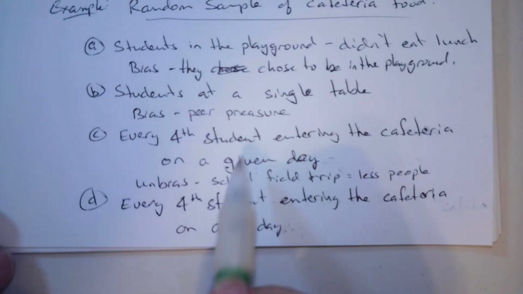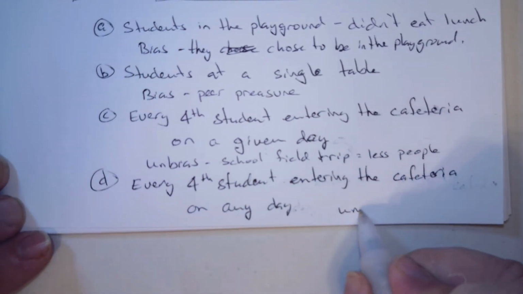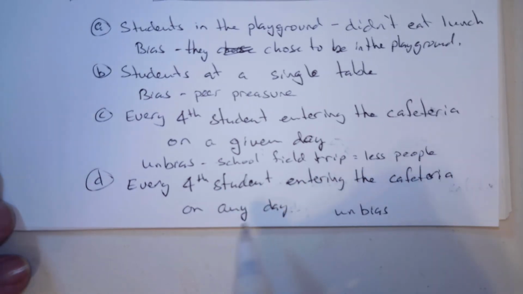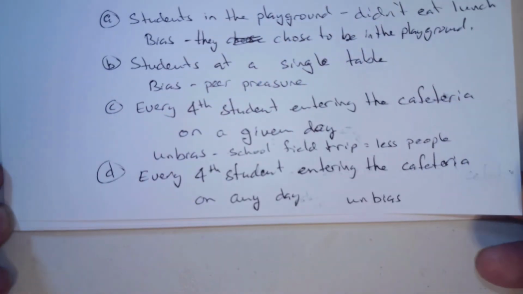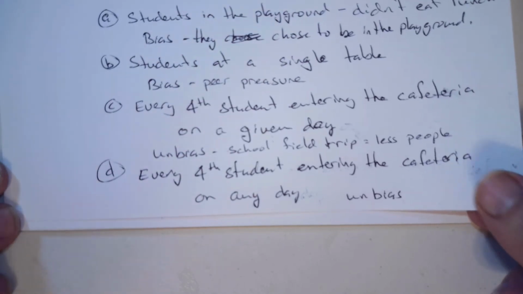But it's unbiased because it's random. The most unbiased is just every fourth student or every nth student on any given day. Just ask them as they come in. And it's not on a specific day, that way you don't have to worry about a field trip or school function, something like that. So that's pretty much what random sampling looks like.